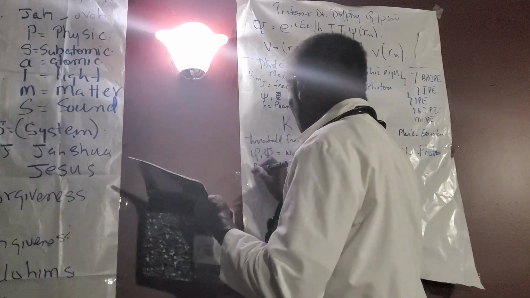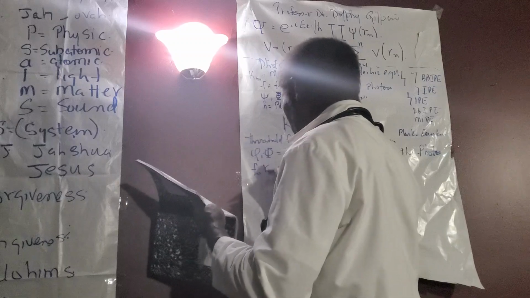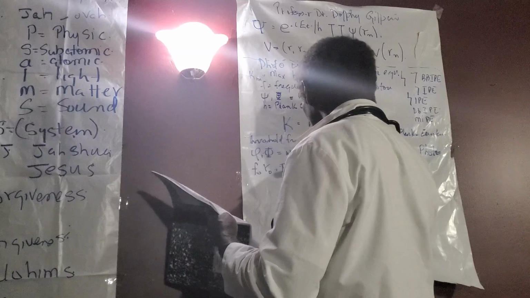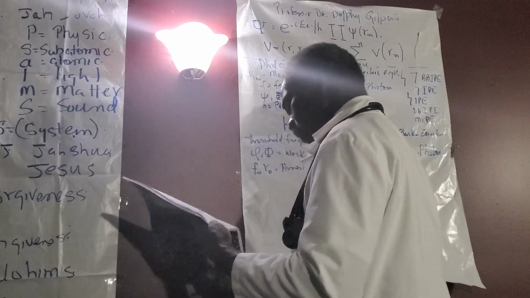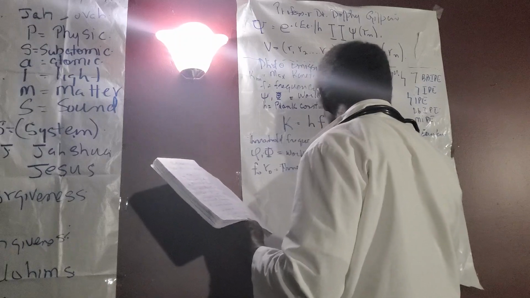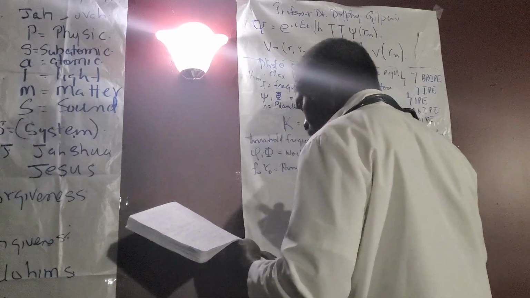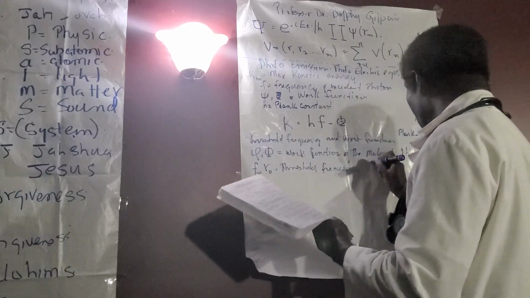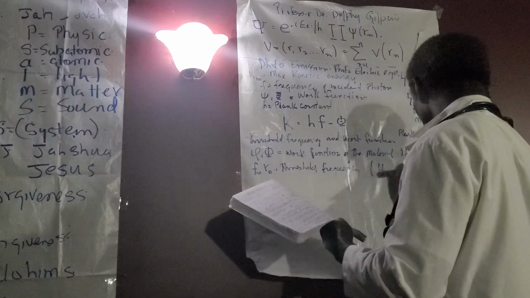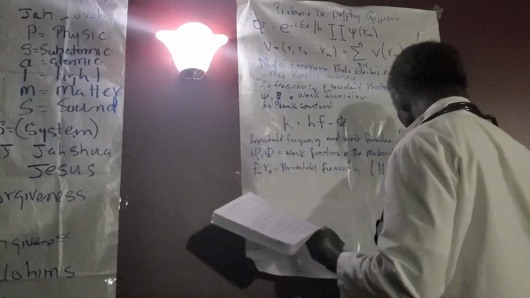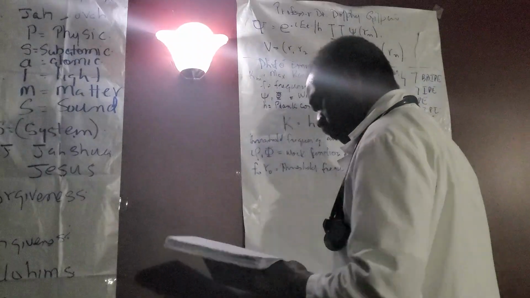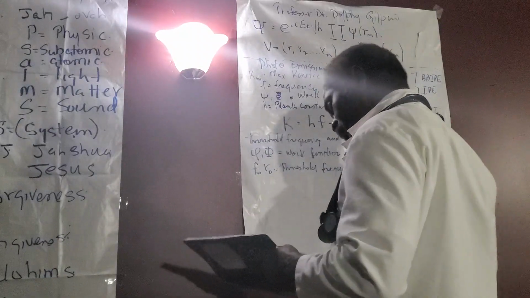We have f of 0 equal threshold frequency. And the unit will be hertz equals second to the minus 1, which is equal to 1 over seconds, or per second.